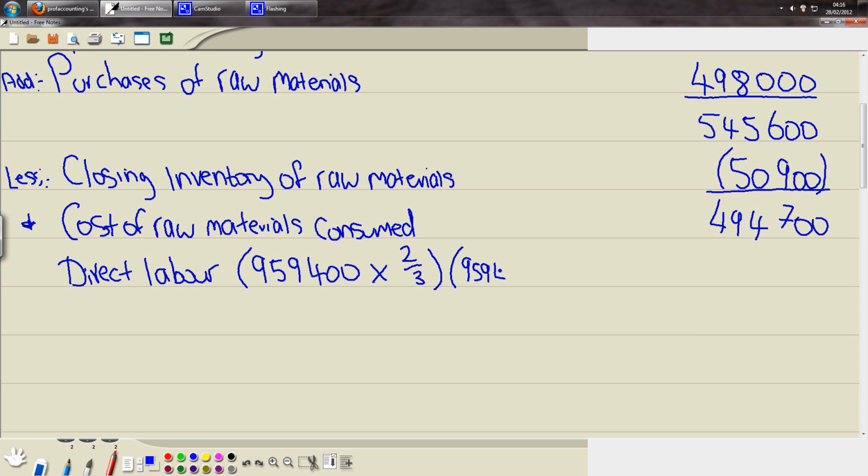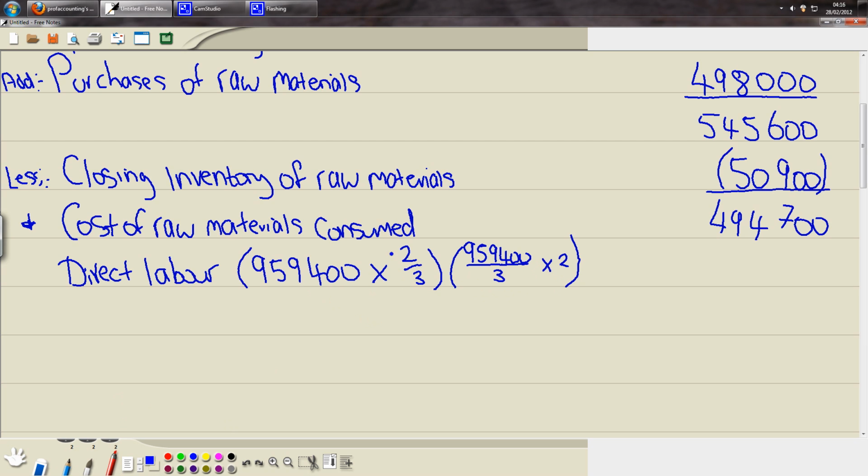You divide it by 3, just to show you. So 959,400 divided by 3, and times that by 2 is the same thing.